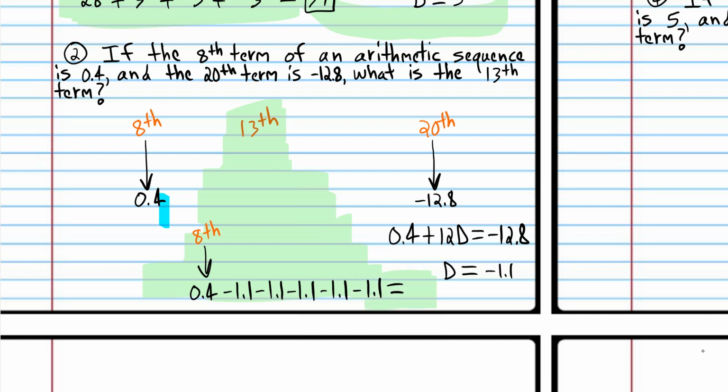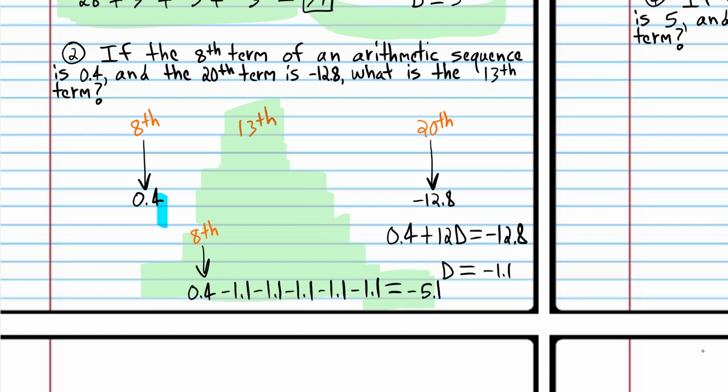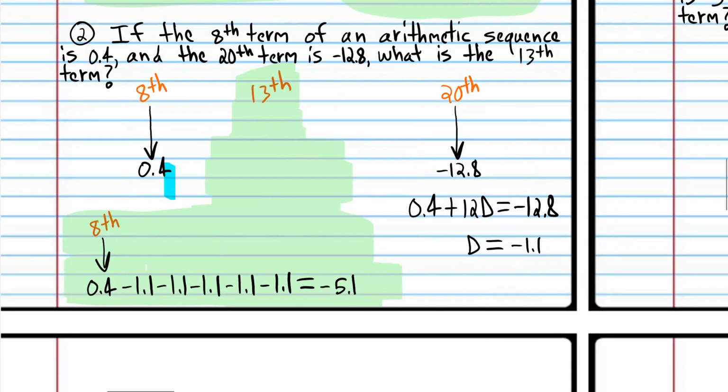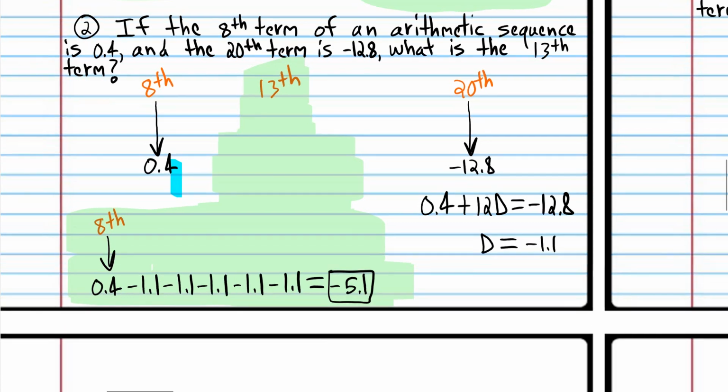So the 13th term is negative 5.1. And we're going to have to move this over a little bit. Move this stuff up. So the 13th term is negative 5.1.